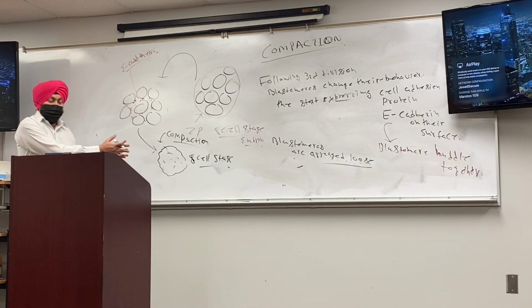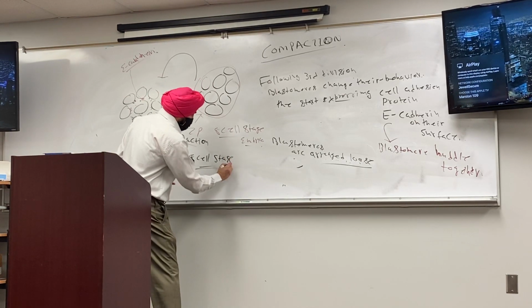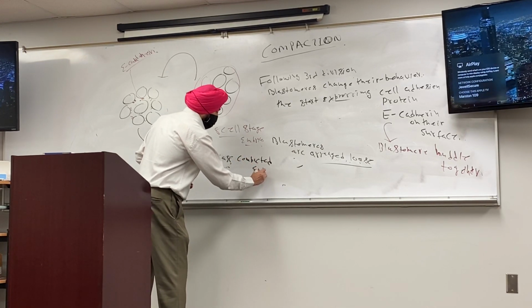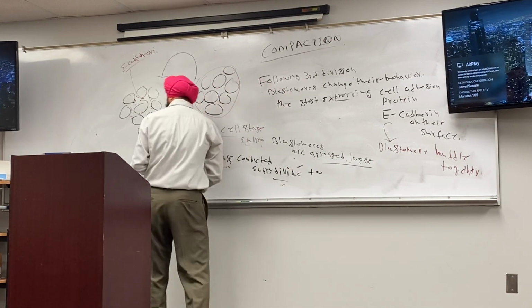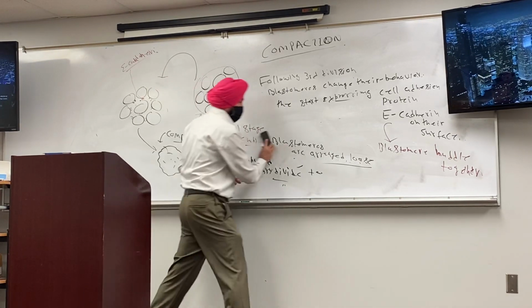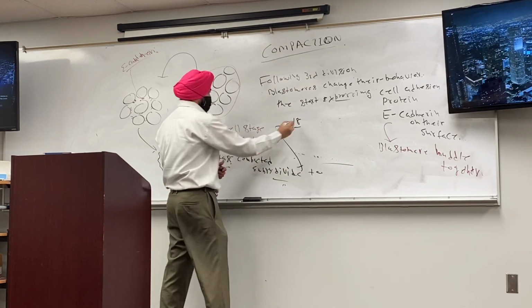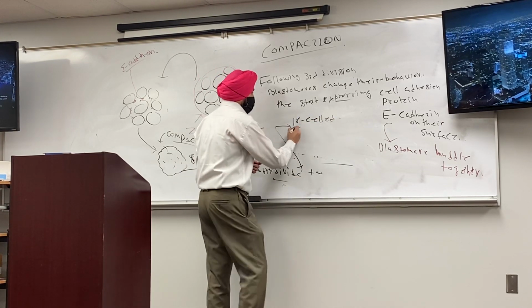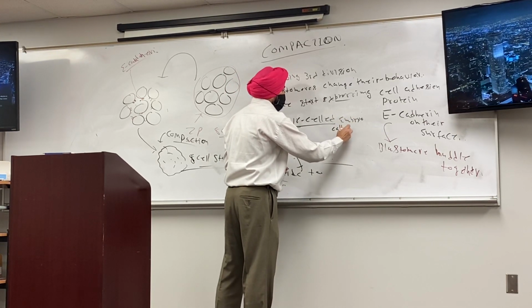Now, this 8-cell stage compacted embryo divides, and when it divides, that gives you a 16-celled embryo called morula.